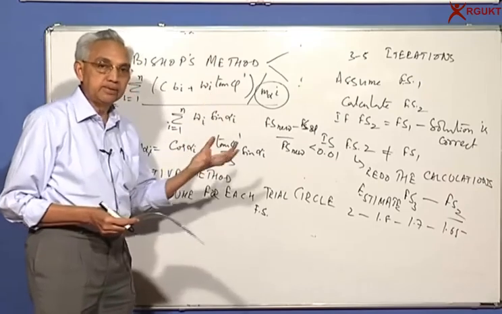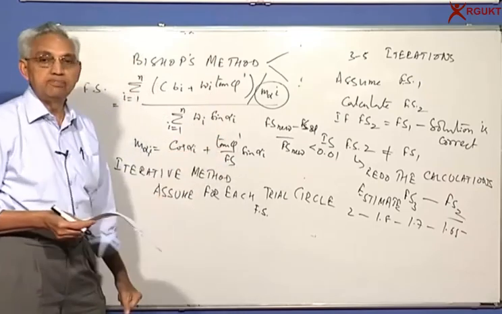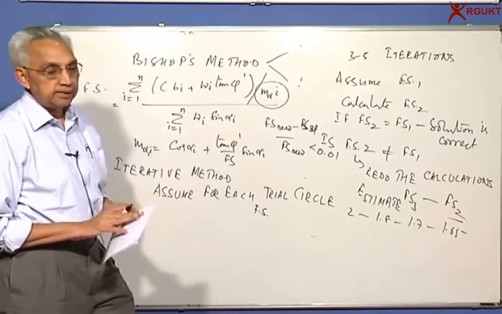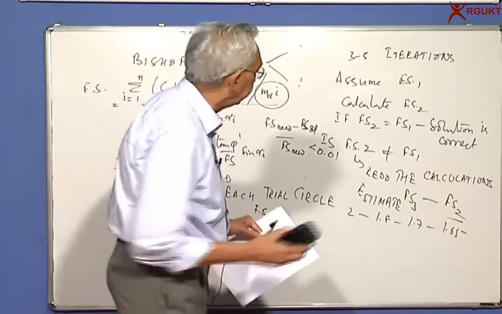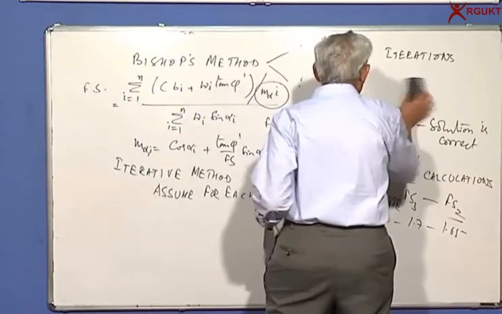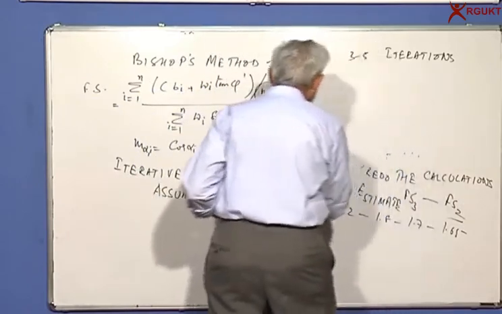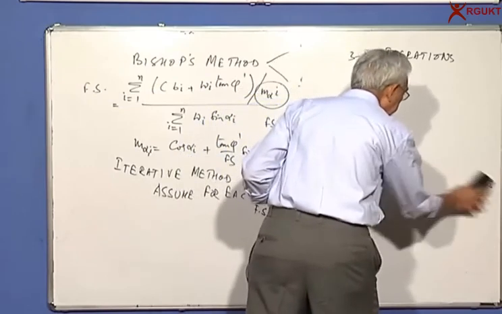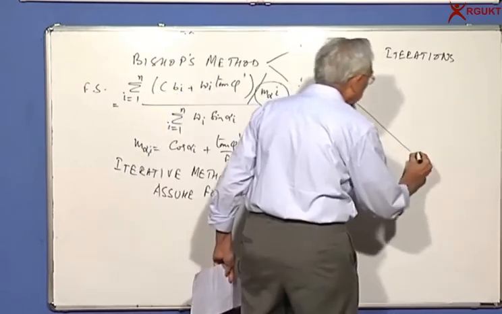That will also contribute to an additional factor of safety, and then you'll get one factor of safety. The rest of the method is exactly the same as what you have done before, which means you search for the minimum in the space as before.